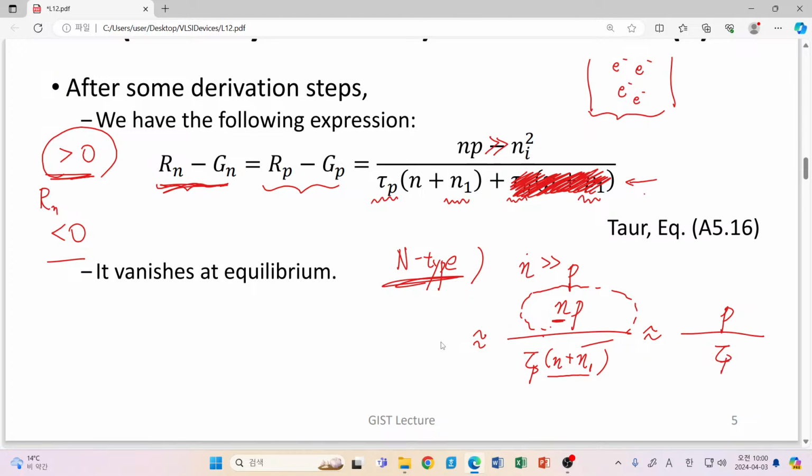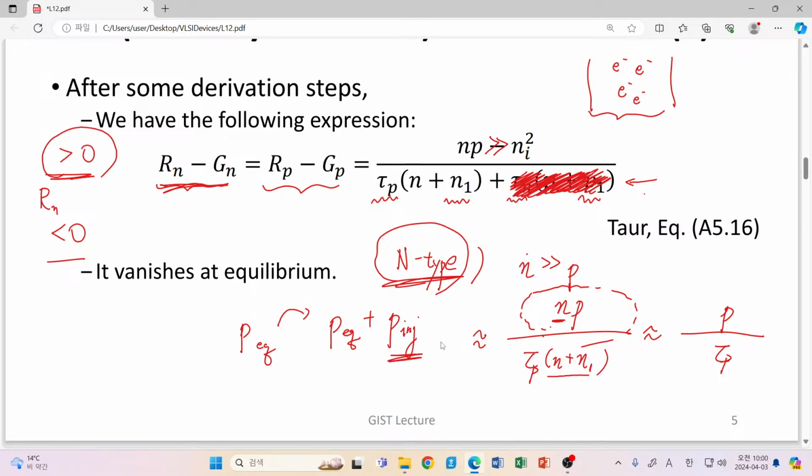So simply speaking, if we have some excess charges in our system, for example, in the case of the n-type example we are considering, let's say that the hole density is somewhat increased from its equilibrium value to the equilibrium value plus some injected value.